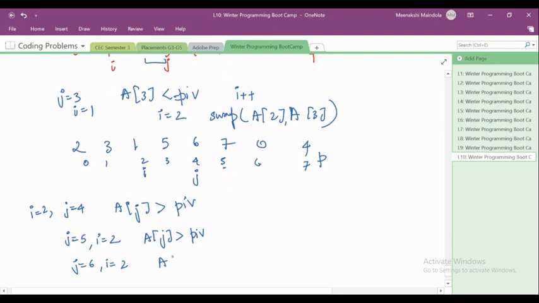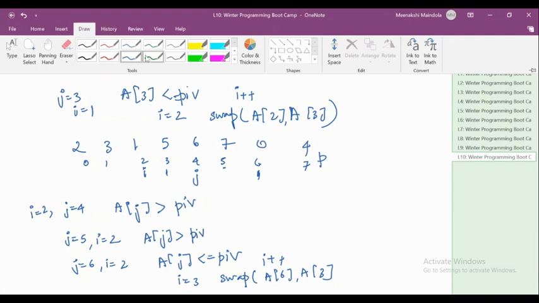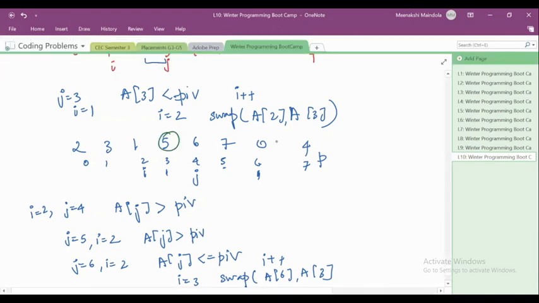Again you compare. This time a of j is actually less than or equal to the pivot element. So what do you do? You increment the value of i. So i now becomes 3 and you swap a of j, j is 6, and a of i, a of i is 3. 6 and 3, these two elements, 3 and 6, right?